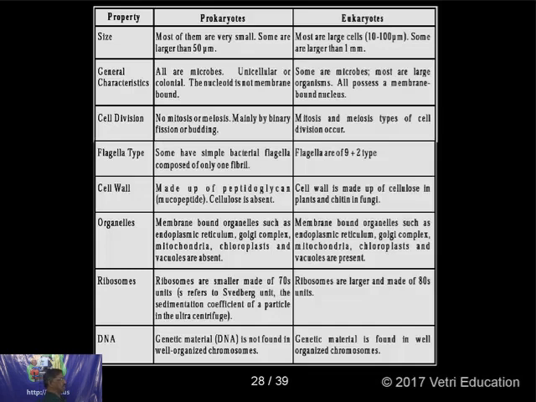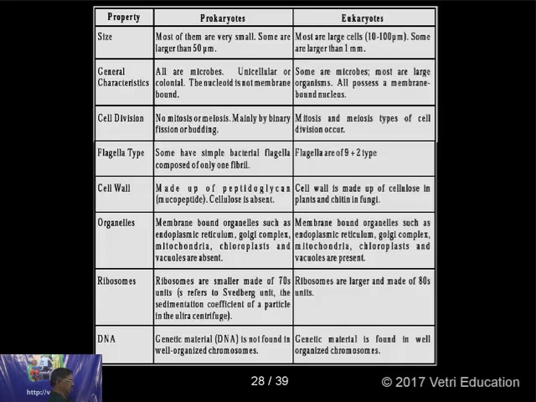Regarding the cell wall, in prokaryotes it is made up of mucopeptide, peptidoglycan, whereas in eukaryotes cellulose, hemicellulose, and chitin in fungi are found. Regarding organelles, cell organelles are absent in prokaryotes, whereas double membrane structures are present in eukaryotes.